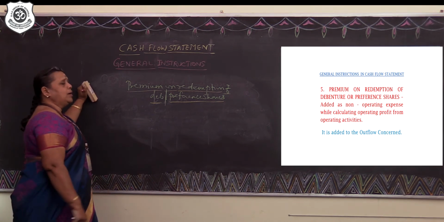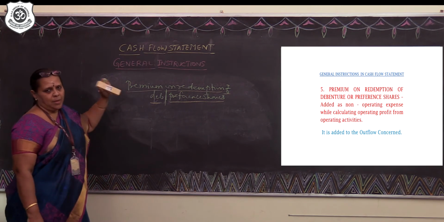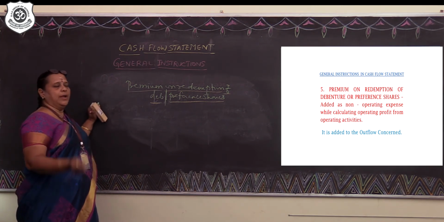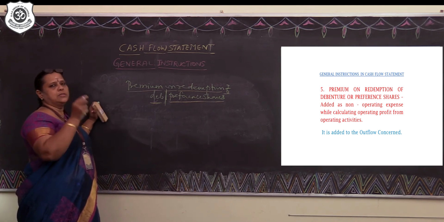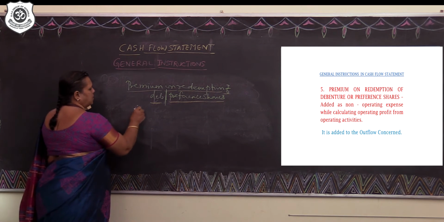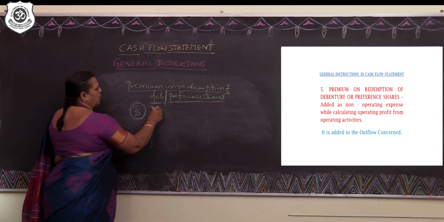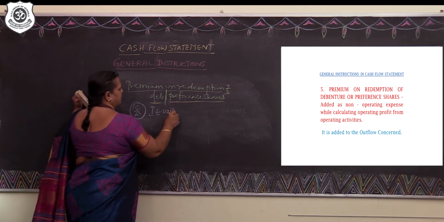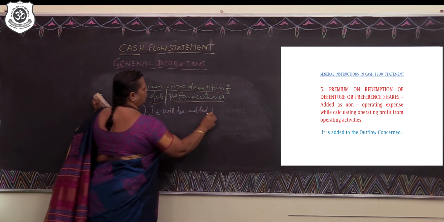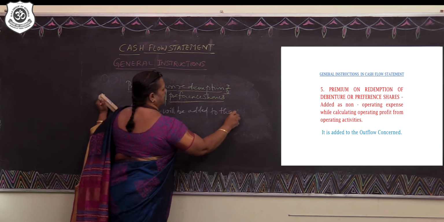Therefore, it cannot happen in isolation. Premium on redemption of debentures is not a separate payment. It is to be paid when debentures or preference shares are redeemed. Therefore, please remember very carefully, it will be added to the outflow concerned.